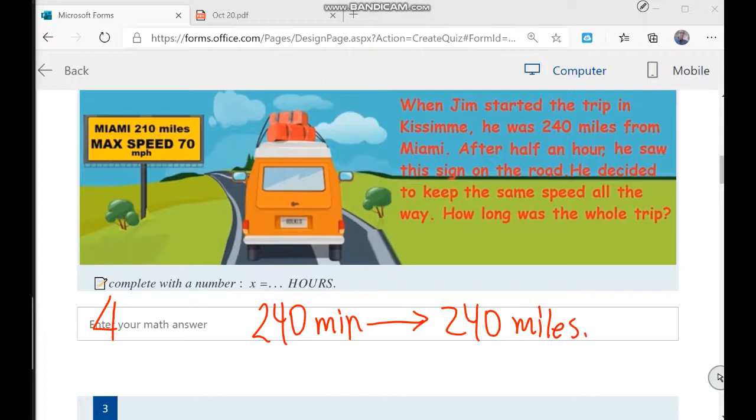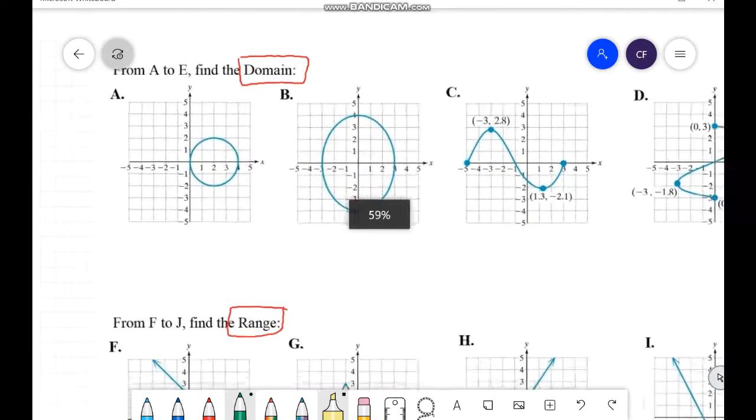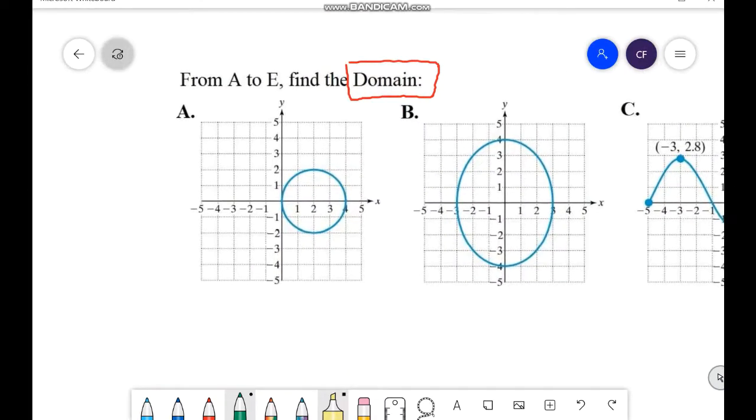Okay, great. Let's go to the quiz. One example here of a first part question where you have to find the domain. Let's work on letter A. Let me zoom in. The domain is on the x-axis, so we're going to work on the x.